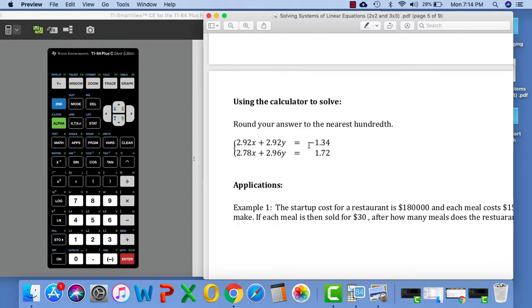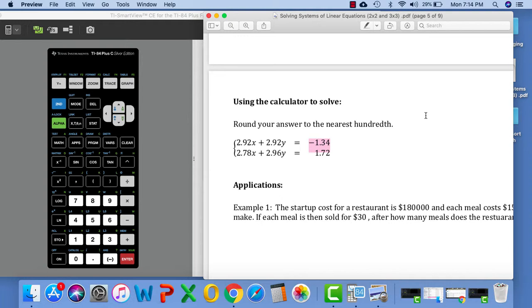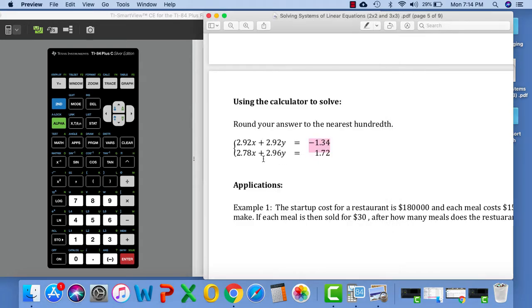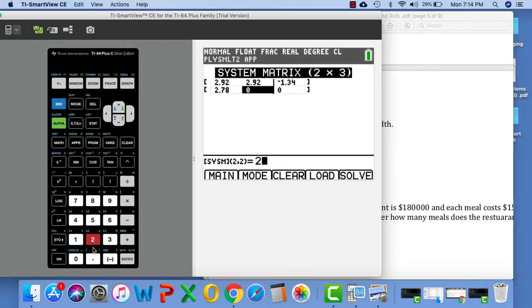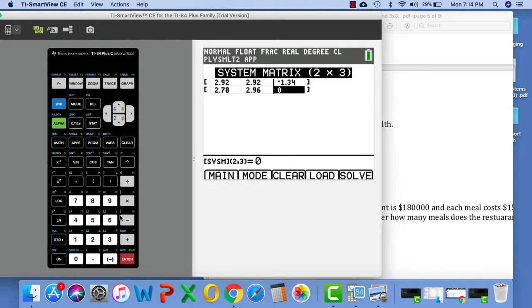And then I'm going to put in my constant for the first equation, which is negative 1.34, and enter. Then it's going to drop down to the next line, and I'm going to do the same thing and repeat, and put in all my coefficients for the second equation. So I'm going to put in 2.78, enter, and then my next one would be 2.96, enter, and then 1.72 for my constant.